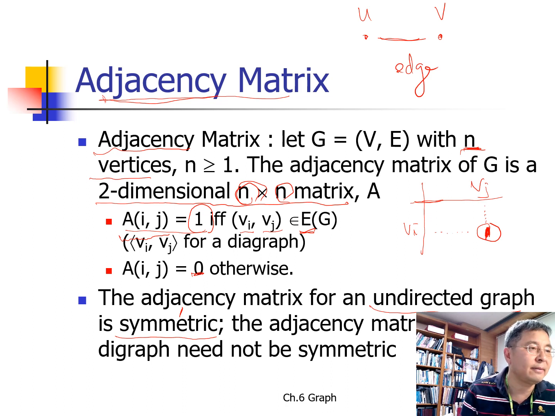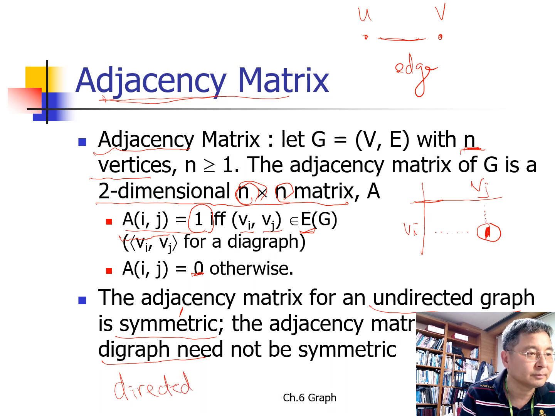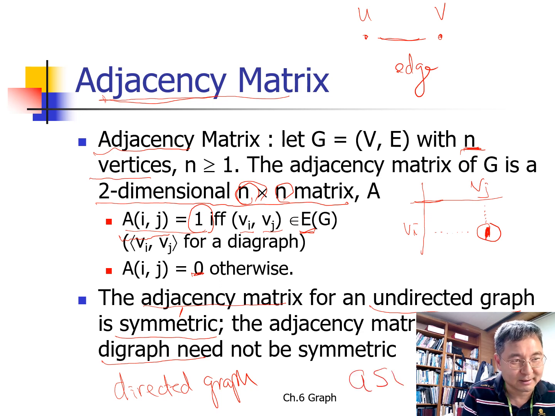For a digraph, meaning a directed graph, the adjacency matrix becomes asymmetric. Asymmetric means not symmetric. That is a trivial result of the adjacency matrix definition.